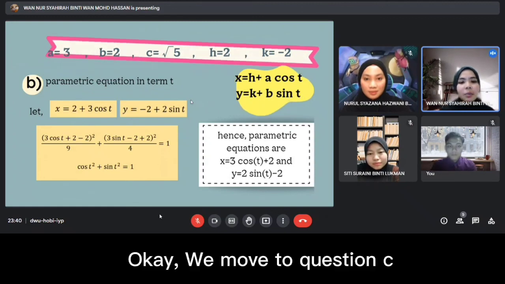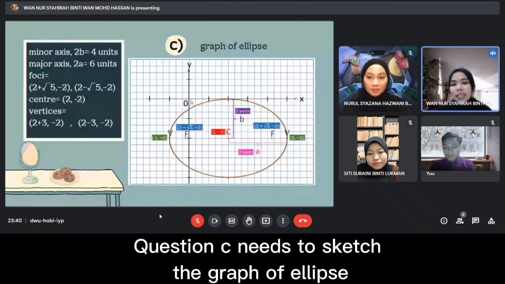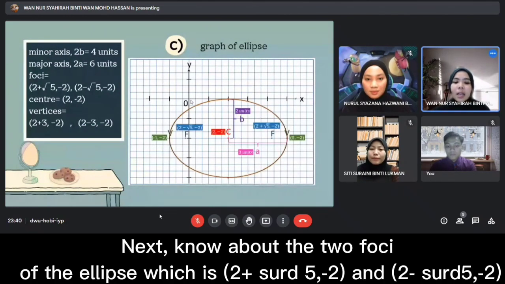Okay, we move to question C. Question C needs us to sketch the graph of the ellipse. First, you need to find the coordinates. Next, note the two foci of the ellipse, which are (2 plus root 5, -2) and (2 minus root 5, -2).